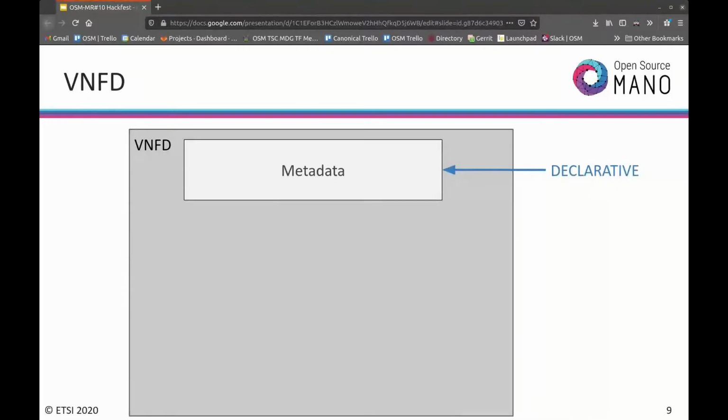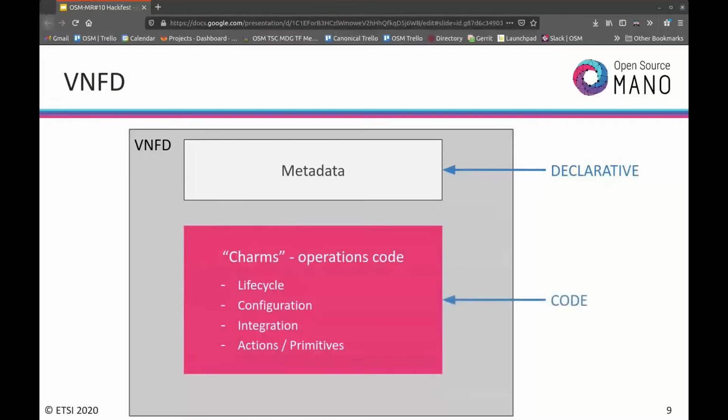But then we have the operations code, which is basically the charms that handle the install, update, configuration, and integration between applications in a VNFD. Particularly, we will stress the actions and primitives, which are a set of scripts for everyday operations like backup and restore, health check, reset, and things like that. These are called charm actions, and in OSM are called primitives.